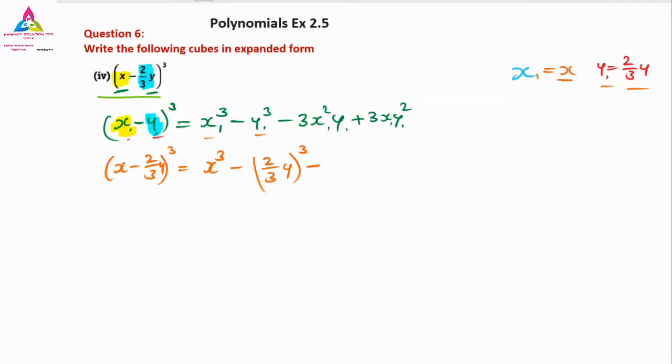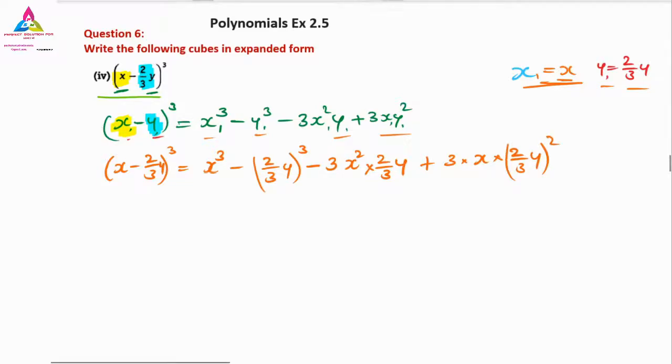So minus 3, I will write as it is, x square, and y is 2/3 y, plus lastly we have 3 into x into 2/3 y whole square. So this is the whole thing.